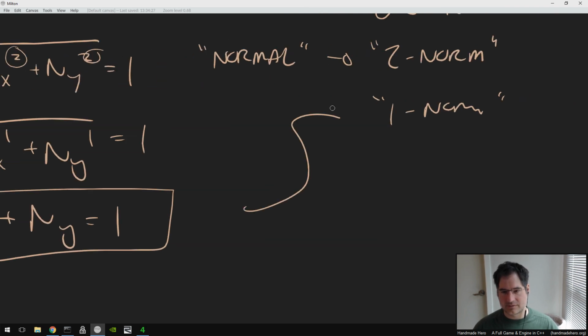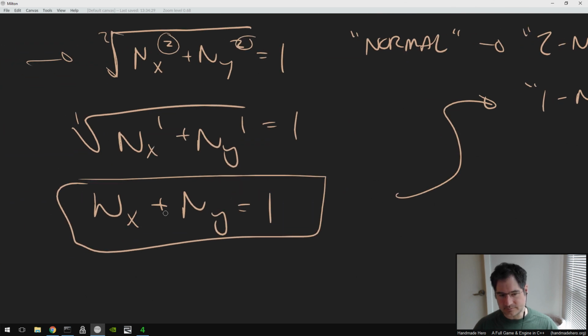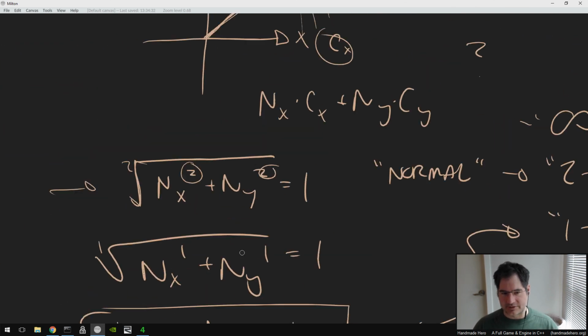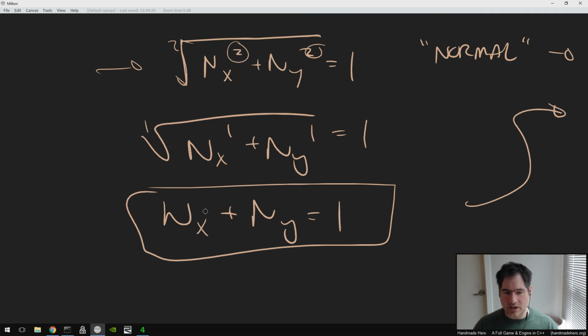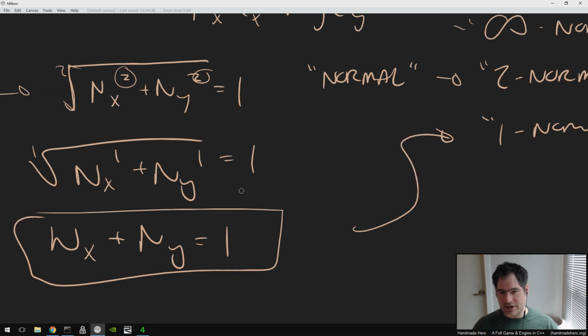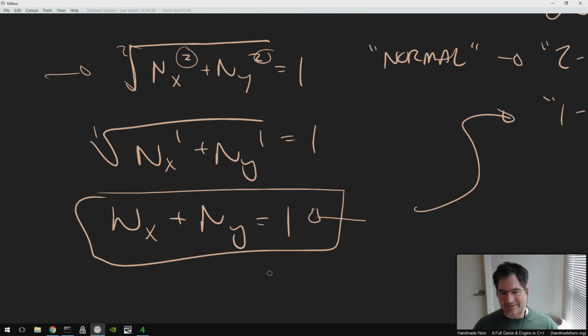That's the 1 norm. Now, why did I bring any of this up? Am I just going off on one of these tangents? Well, no, we actually care. The reason we care about the 1 norm is the 1 norm is the thing that produces a linear blend, right? If the blend weights sum to 1, then we have properly linearly blended our values together.